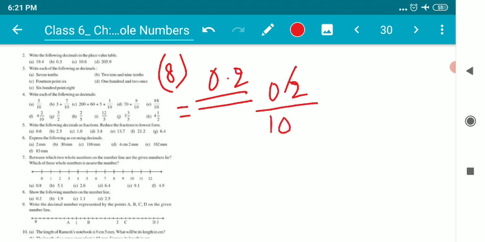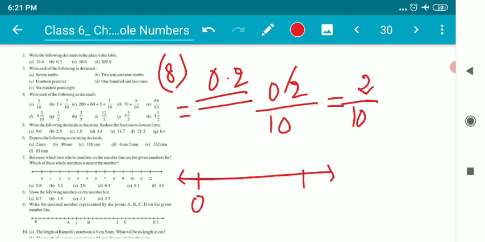Why 1 and 0? Because the moment we remove the point, we get 1, and after the point there is only one digit. So I am supposed to get only 10. So 2 by 10 means a proper fraction, which comes between 0 and 1. Every proper fraction in the world comes between 0 and 1. So this is 0 and this is 1.